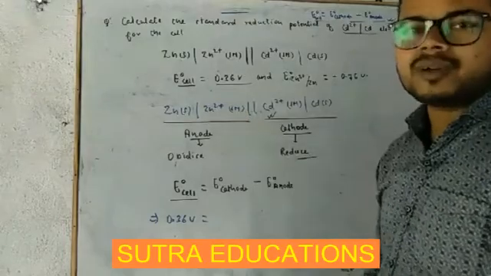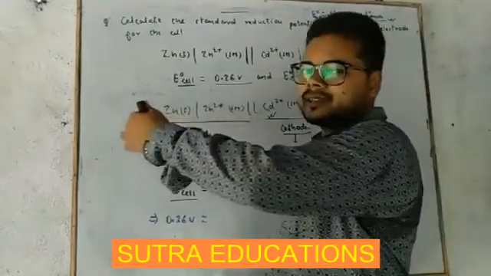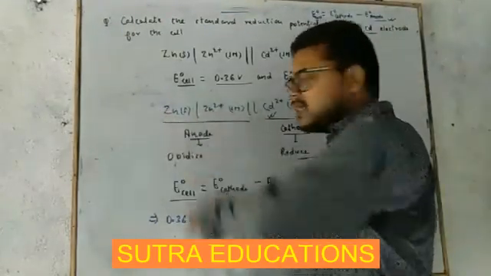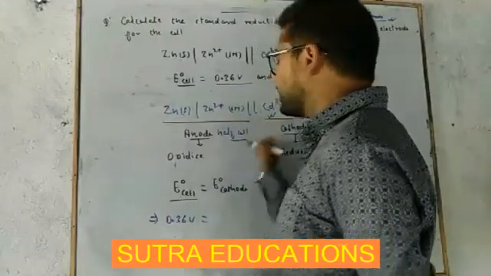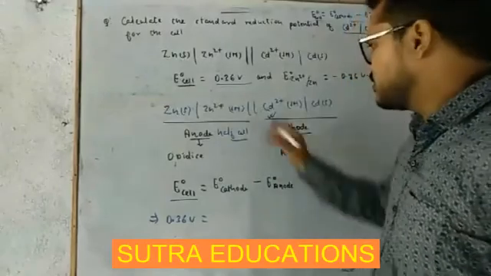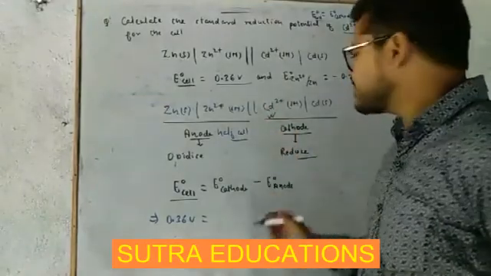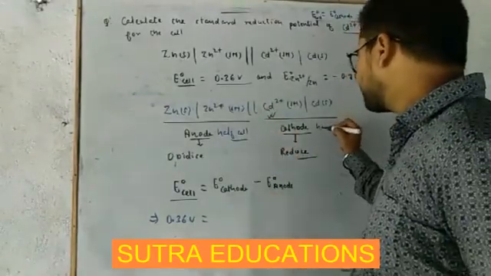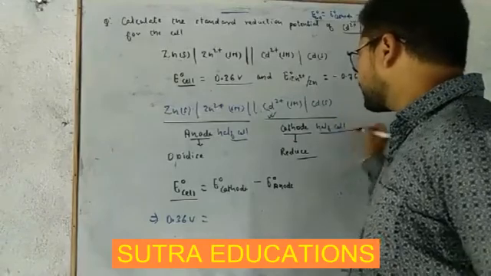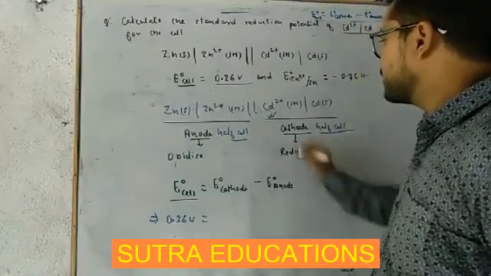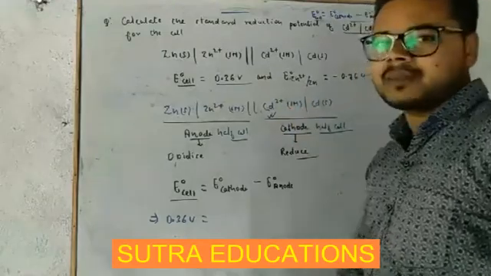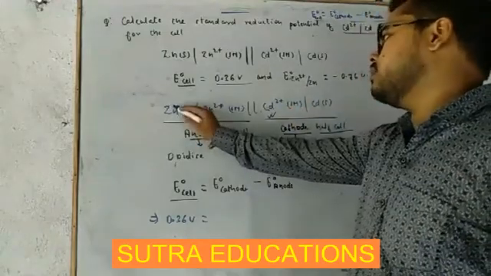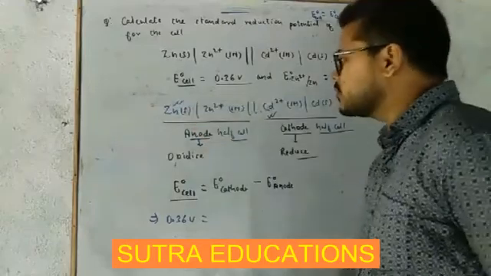So we know left side of cell reaction is anode half cell, and right side of the cell is cathode half cell. So from this we can say a reduction of this cadmium will be taking place, and oxidation of this Zn will be taking place.